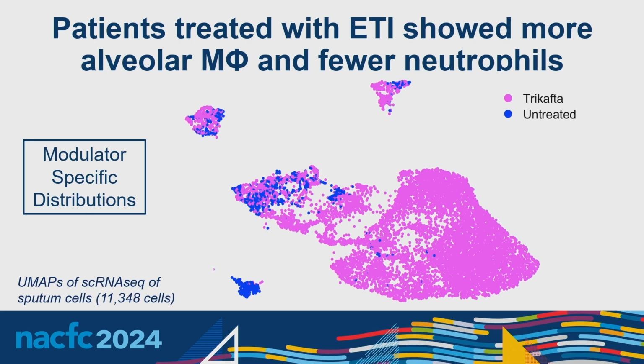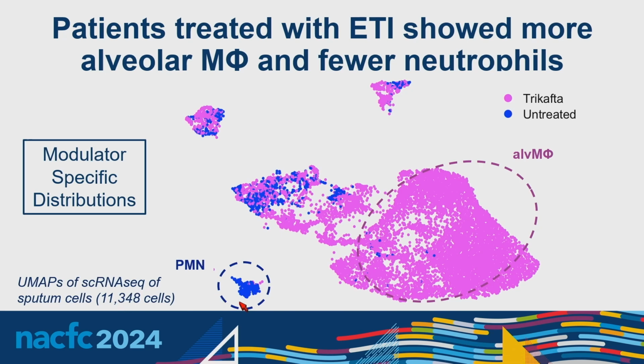But further, when we looked at the cell distribution based on modulator therapy, we showed that there were significant differences in neutrophils and alveolar macrophages. In this UMAP, pink color is representing cells obtained from patients who were on Trikafta, and navy color is representing cells present in sputum obtained from patients who were not on any modulator.